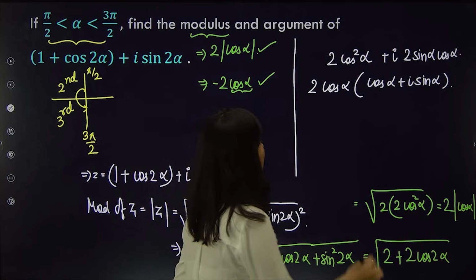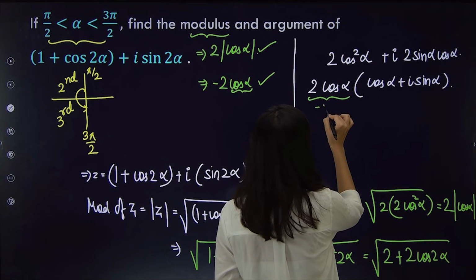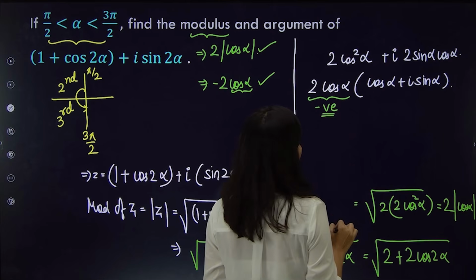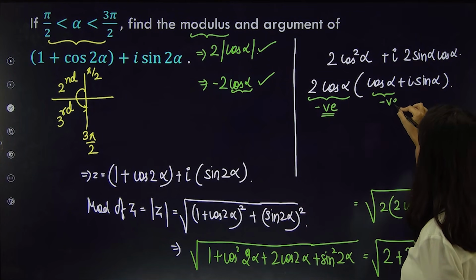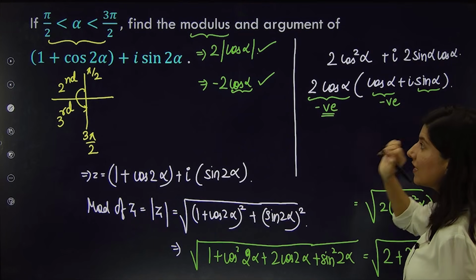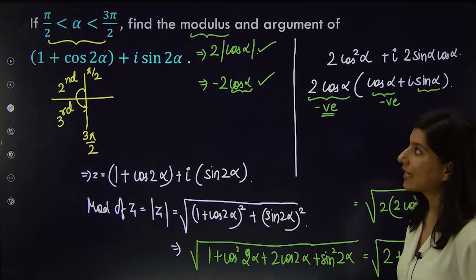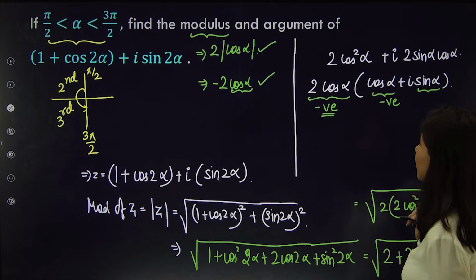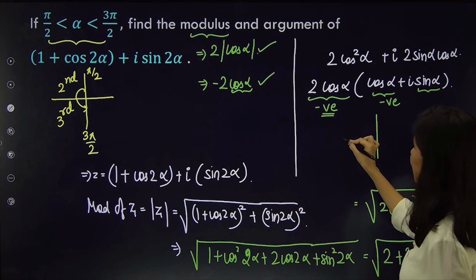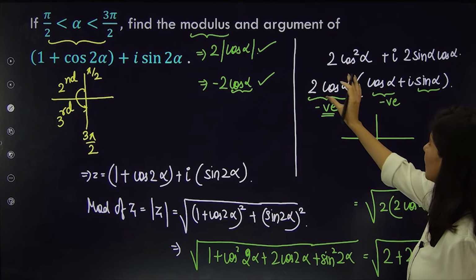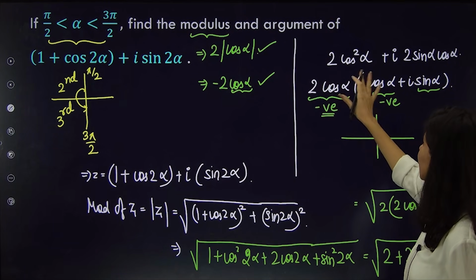Cool. So this thing is a negative quantity. What about cos alpha? Cos alpha is again a negative quantity. What about sin alpha? Now sin alpha, we don't know. Sin alpha can be positive, can be negative. So now, basically what I'm trying to say is, this is a negative thing. Negative, negative, positive.